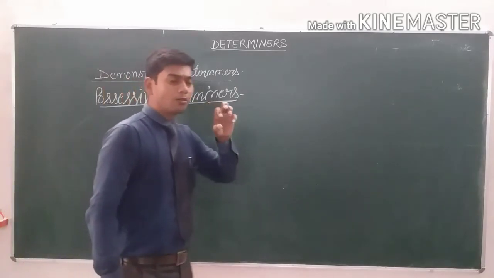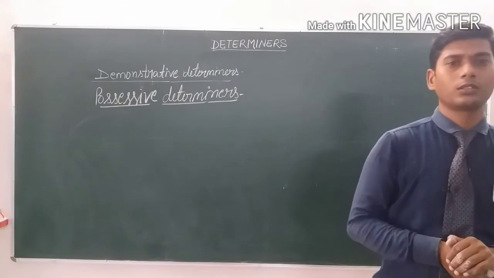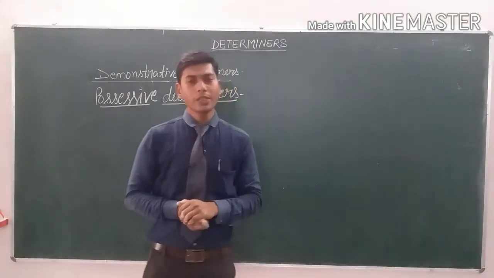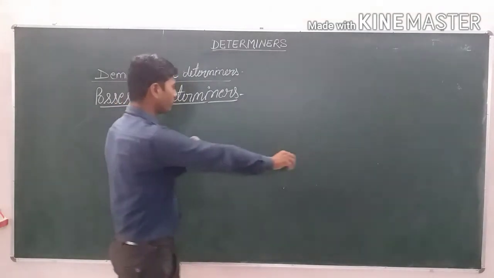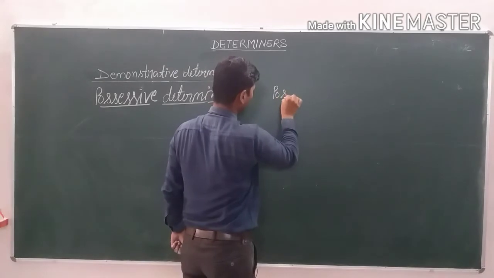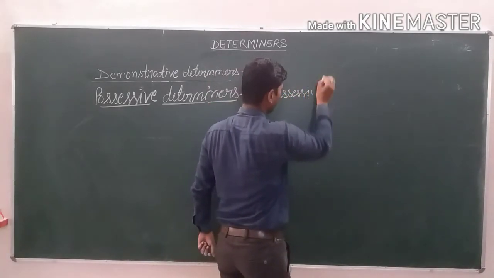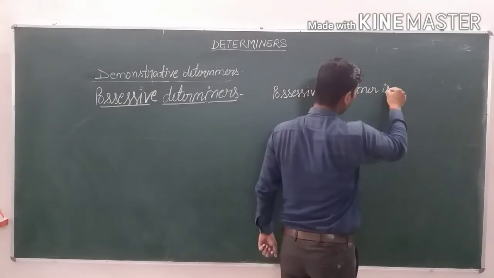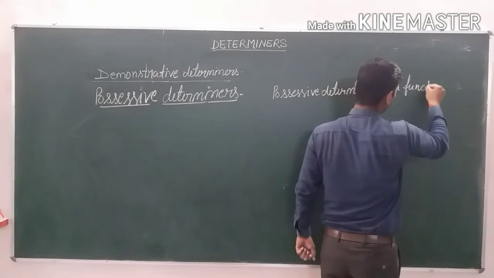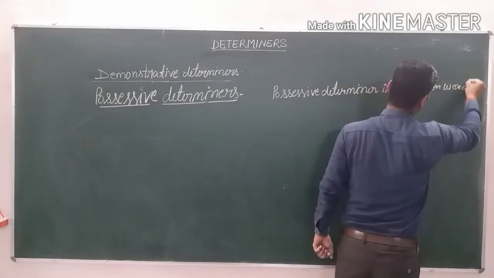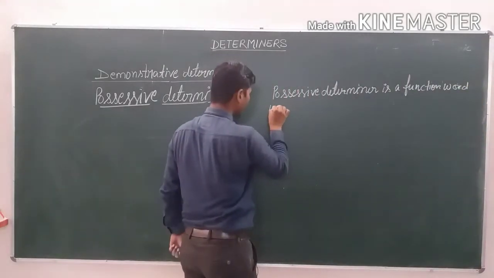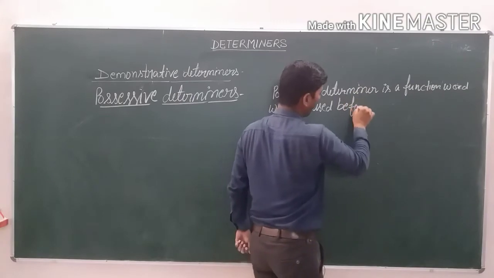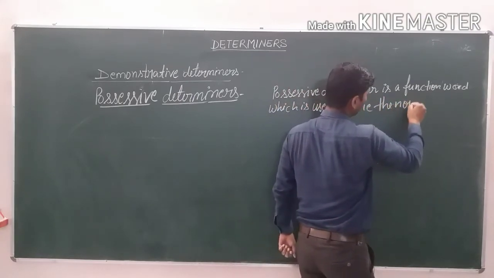Possessive determiner works as a function word, and this word is used before the noun to show the belonging or possession.